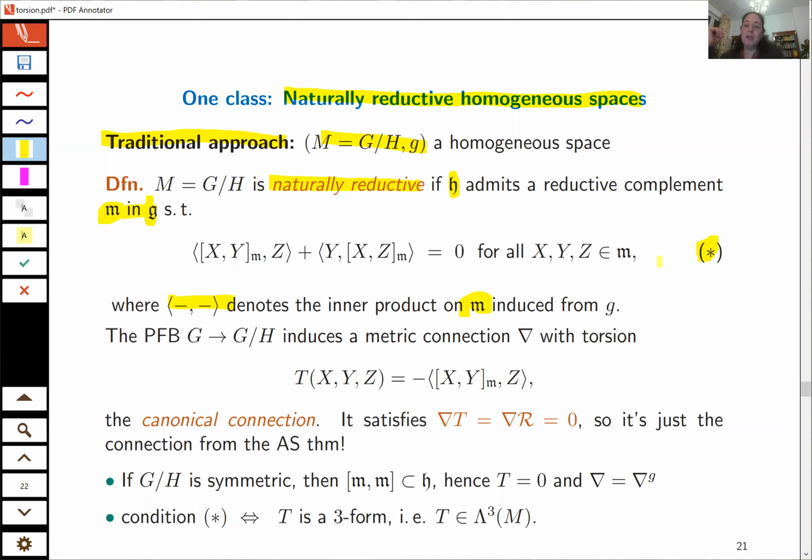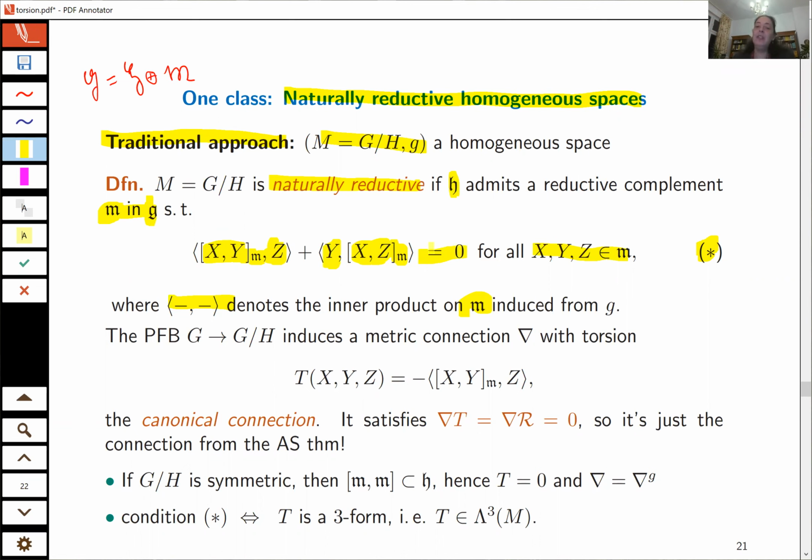This inner product should satisfy, for all Lie algebra elements X, Y, Z, which of course correspond to vector fields on my manifold: I take the commutator [X,Y], project it down to script m, which is reasonable because my Lie algebra g is decomposed as h plus m, and take the inner product with Z, plus, the other way around, I take [X,Z], project to m, inner product with Y. This should be 0.